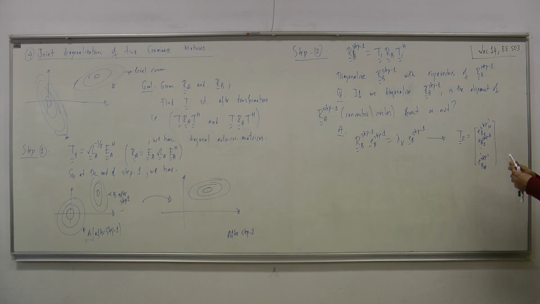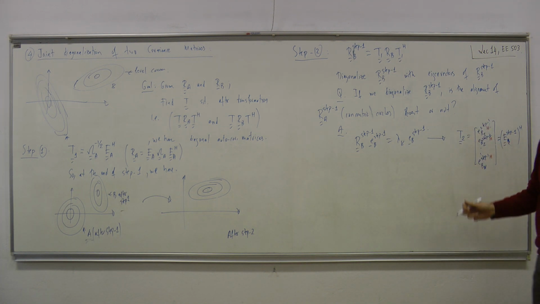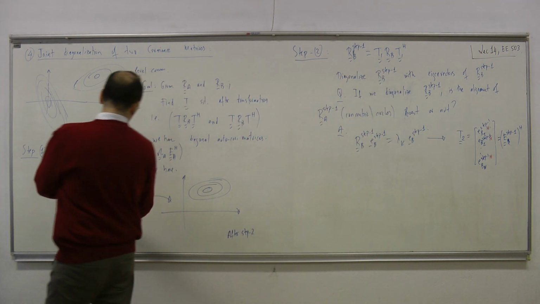Let me write permutation so it will be more visible. So let me of course write this as EB, step 1, permutation. Okay? So this is as we have discussed a few minutes ago on the diagonalization of covariance matrices by eigenvectors.